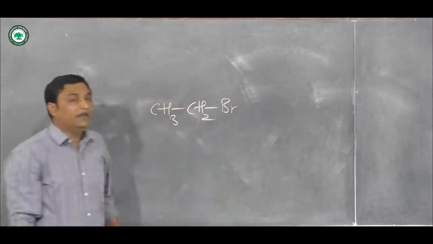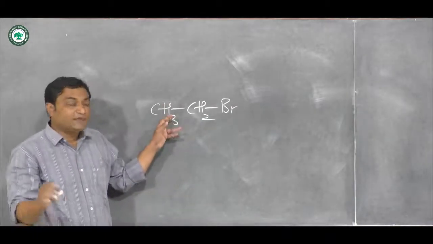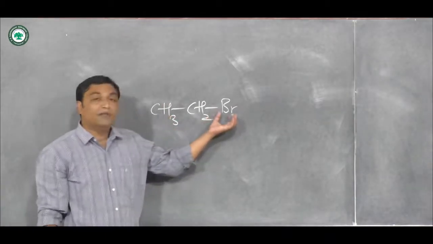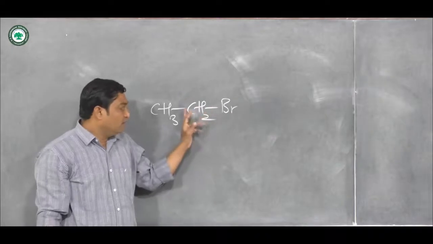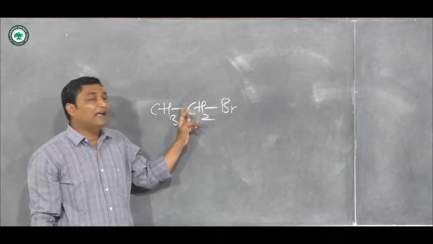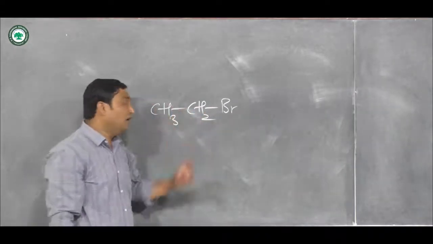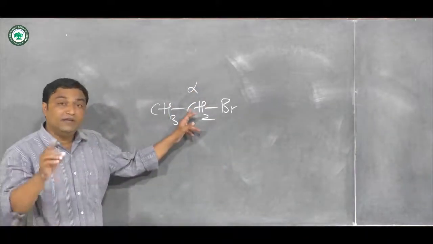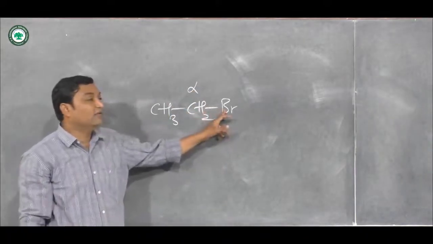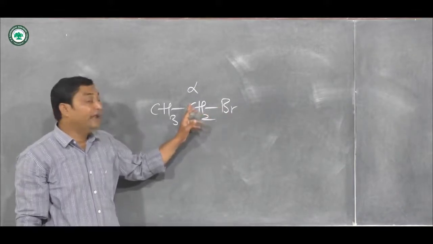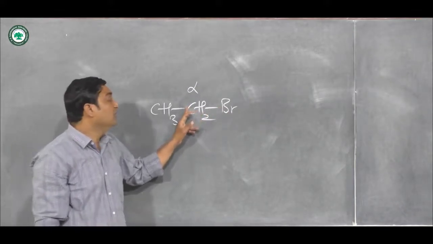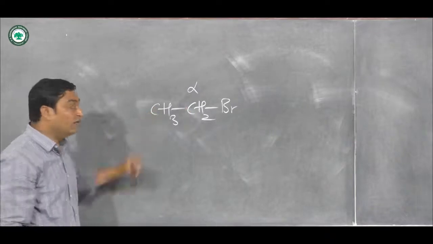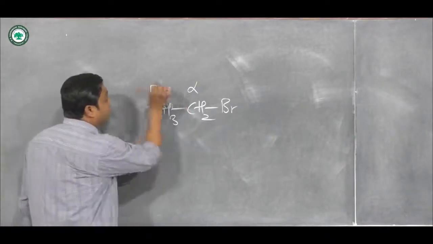For example, in this case, the carbon atom that bears the halogen atom is called the alpha carbon atom, and next to this alpha carbon atom, this carbon atom is nothing but the beta carbon atom.